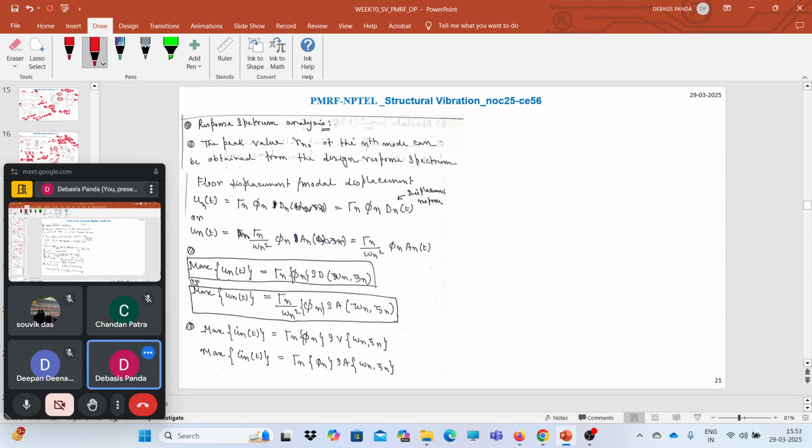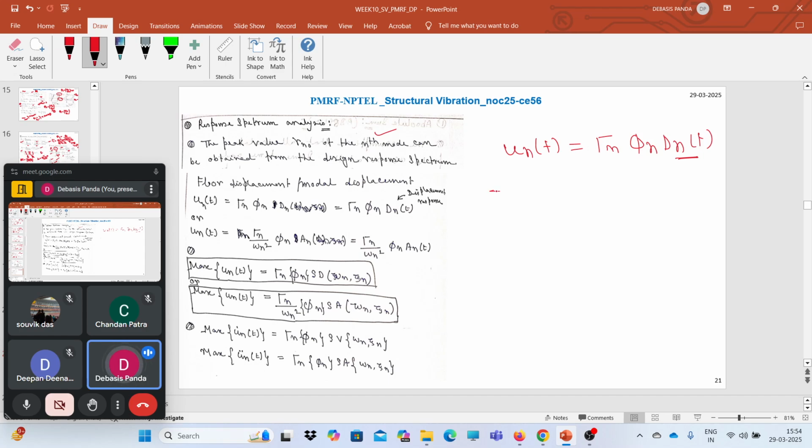Like here, the peak value of the nth mode we can easily obtain from the response spectrum. So u_n of t, what we have already calculated, is nothing but the participation factor, phi n, into D_n of t, right? Now this D_n of t we can calculate from the response spectrum analysis.